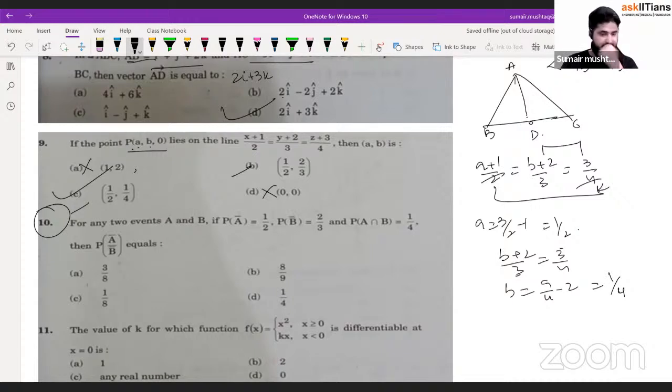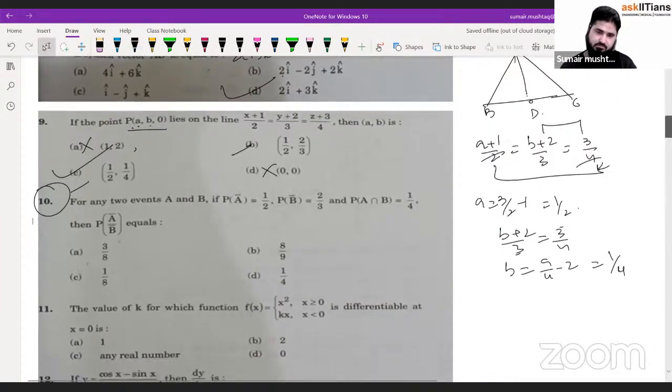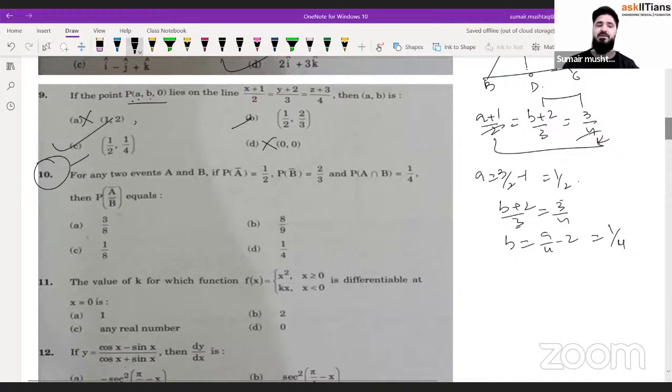As I have seen, I think there is no correct option given here, but in most of the analysis papers they have given it as 1 by 8. But see, I will tell you how this is to be done. First of all, the probability of A complement is 1 by 2. That means probability of A is 1 minus probability of A complement, isn't it?